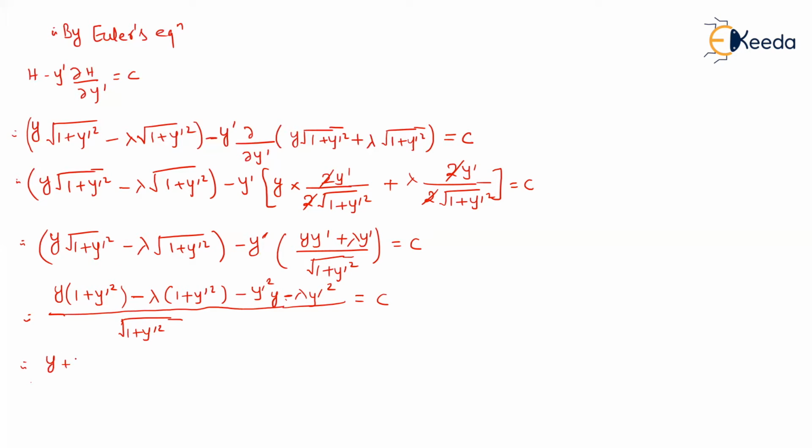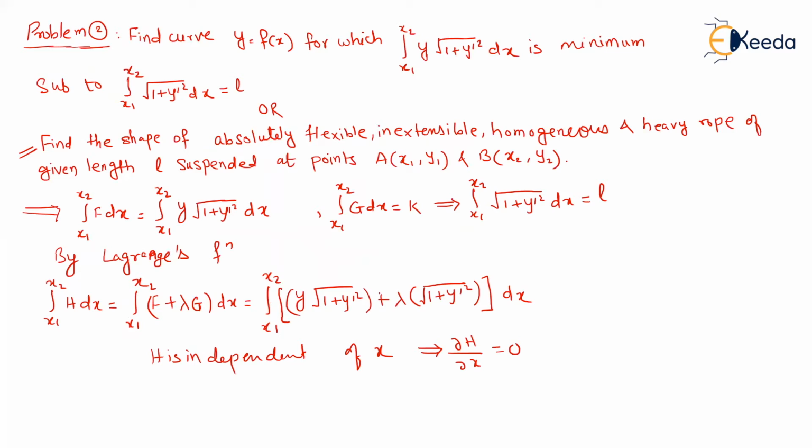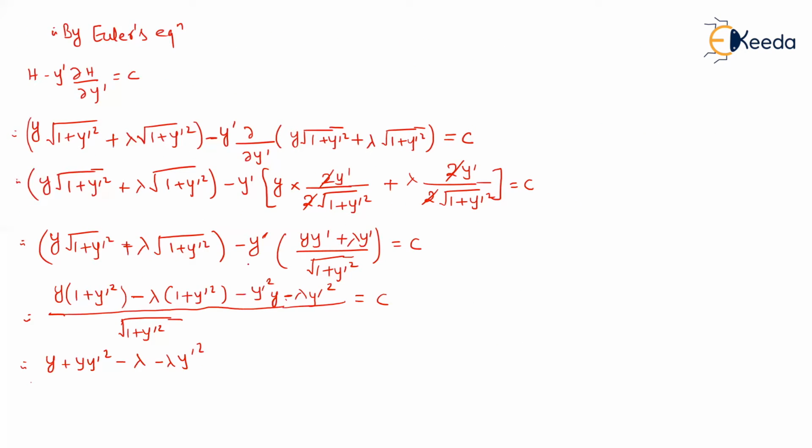So this is y plus y into y dash square minus lambda y dash square. This is actually plus, because this entire term is h, and see here, this is your h and this is your plus. By mistake we took it as a minus, but obviously this is plus. So this is actually plus.